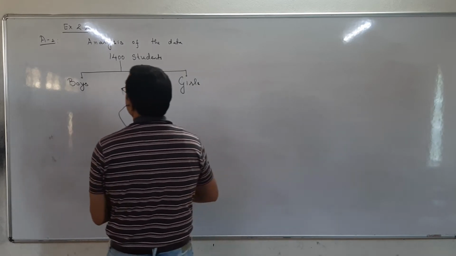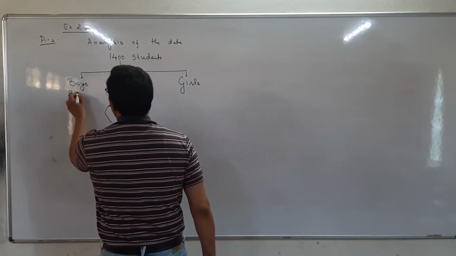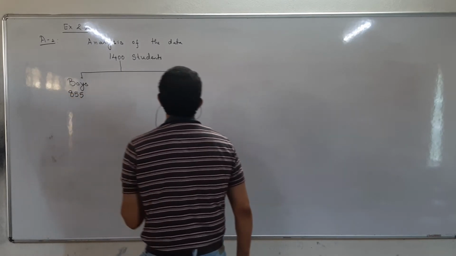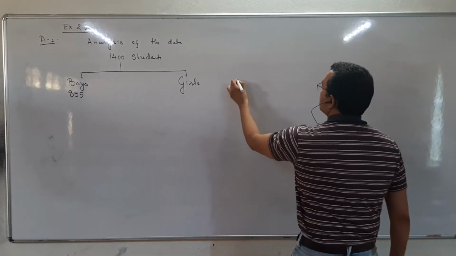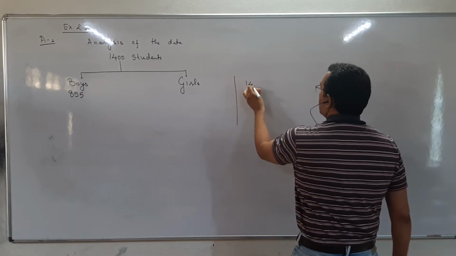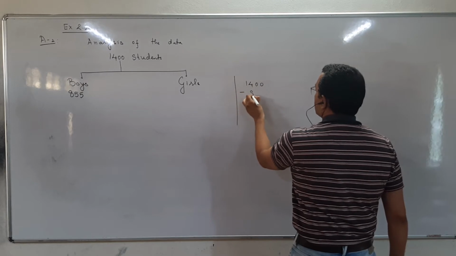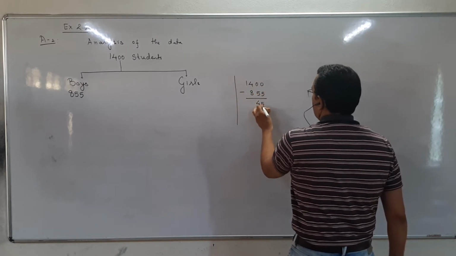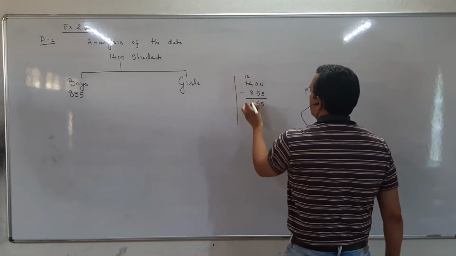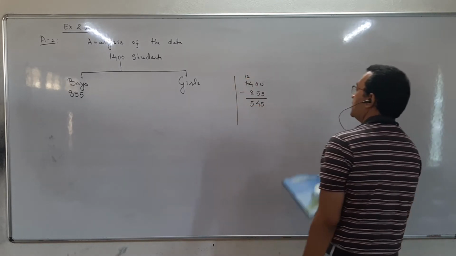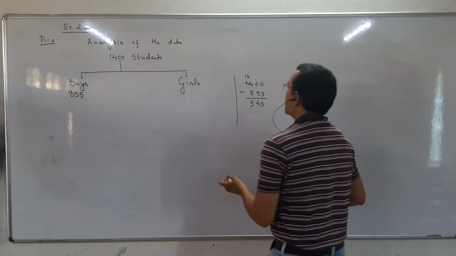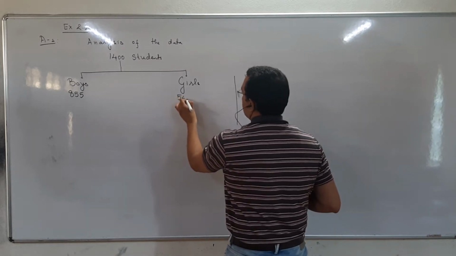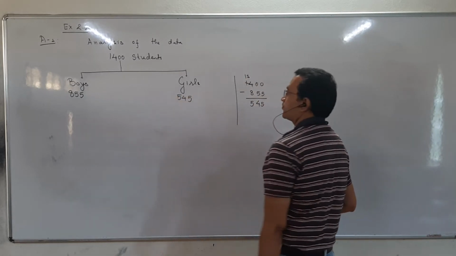855 boys. So if I have 855 boys, then 1400 minus 855 is 545. So definitely 545 girls. You should easily understand this.